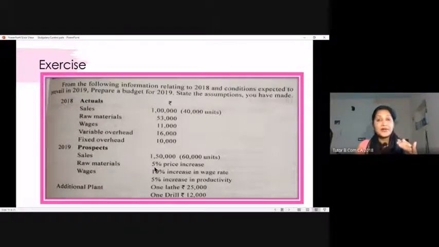It's not mandatory that you have to do it in one step. Otherwise, you can do 53,000 divided by 40,000. You will get the per unit raw material cost for 1 unit, if the production is 40,000.